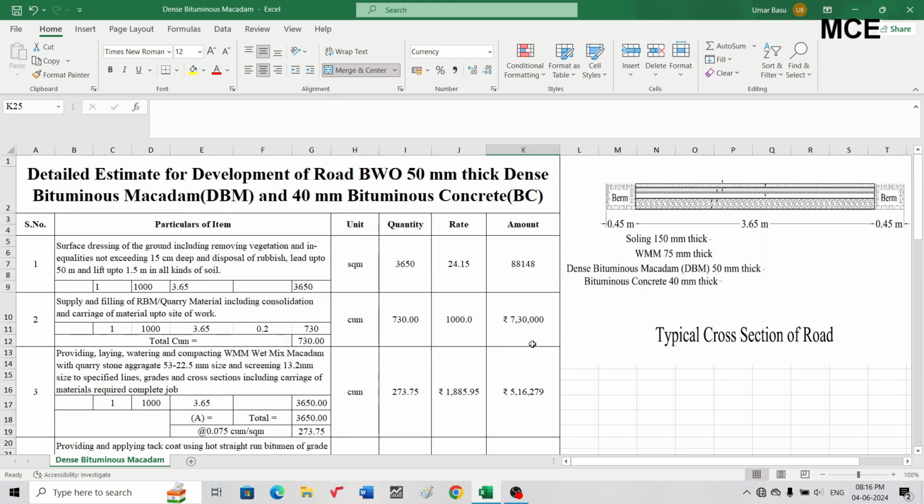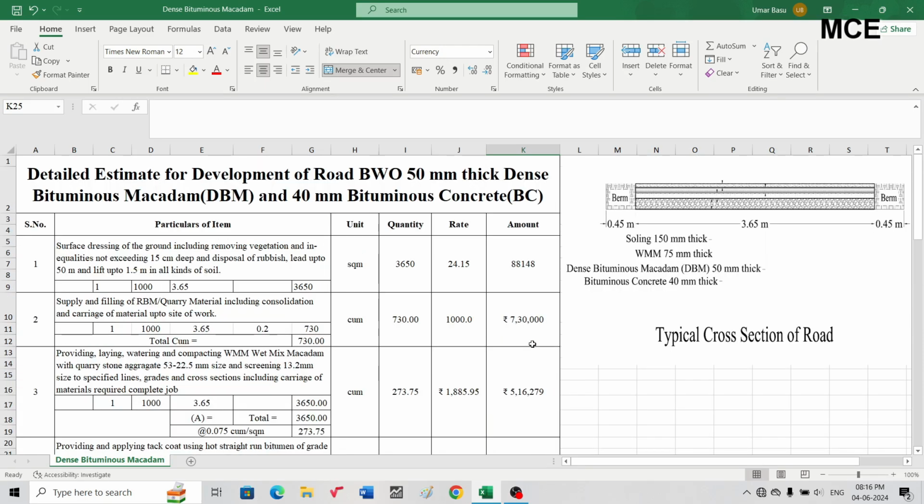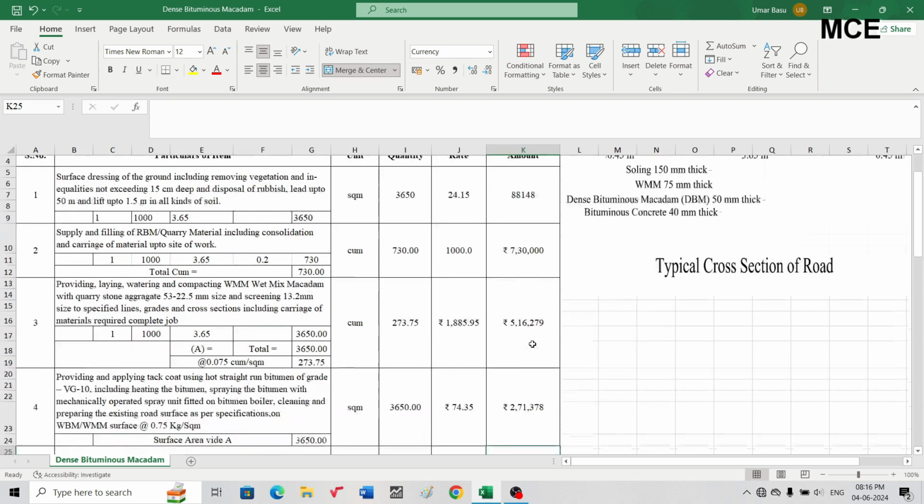This is the amount for the Tack coat, which is applied on the wet mix macadam. Next is the next item.